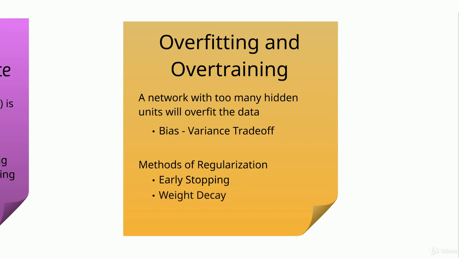The next thing that we can do is called weight decay. So weight decay is simply adding a penalty to the error function. In weight decay, lambda is going to be our tuning parameter. Large values of lambda will tend to shrink the weights towards zero, while smaller values won't shrink the weights as much.